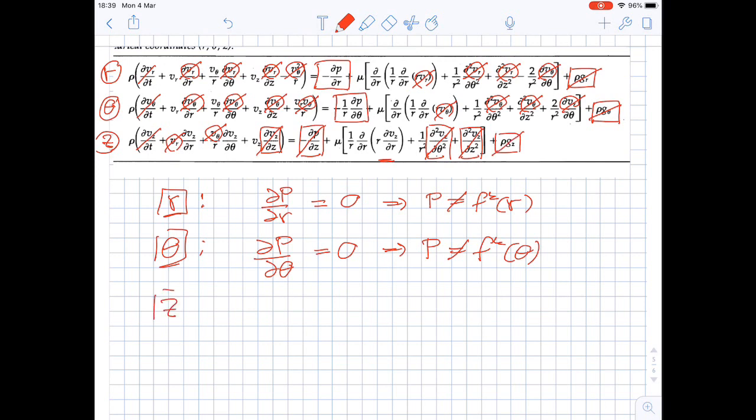So from the z component, what you have should be mu over r d by dr of r dVz by dr equal to 0. Please note that I use total differentiation because Vz is a function of r only.